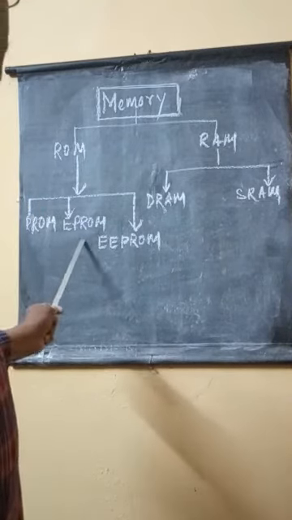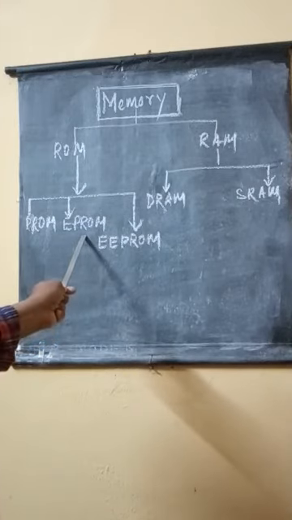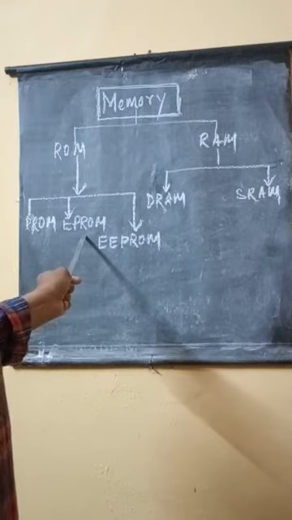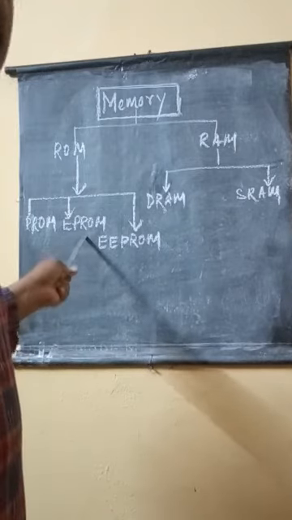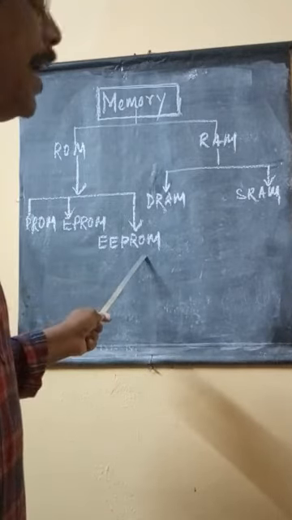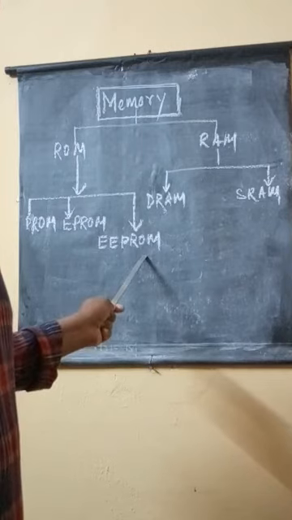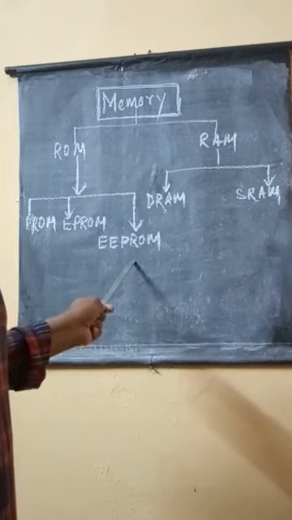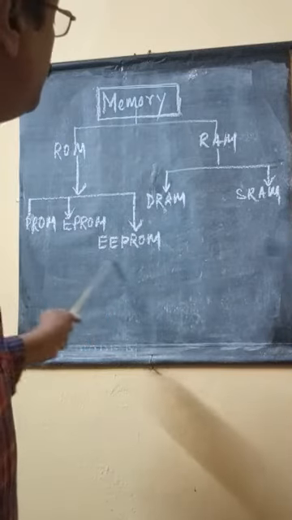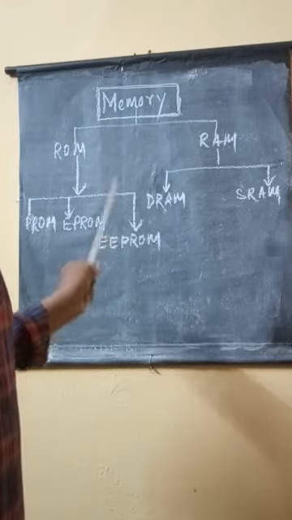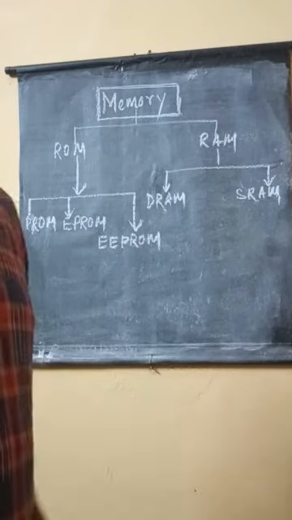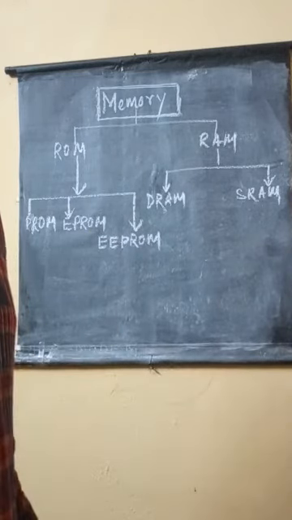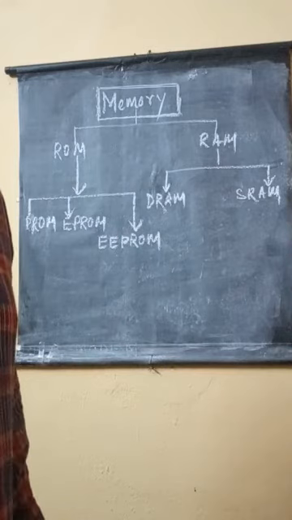In EPROM, it can be erased by passing ultraviolet rays. But here, if you pass electricity to the chip, then the chip will receive the electrical current, and it can be erased and new information you can store there. Nowadays this EEPROM is used in every computer. Okay, thank you.